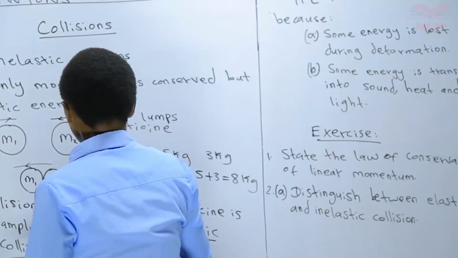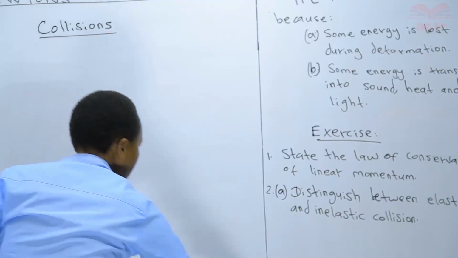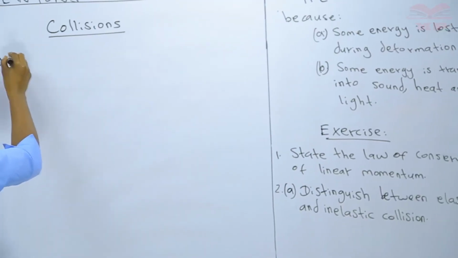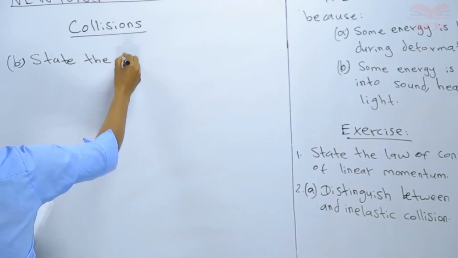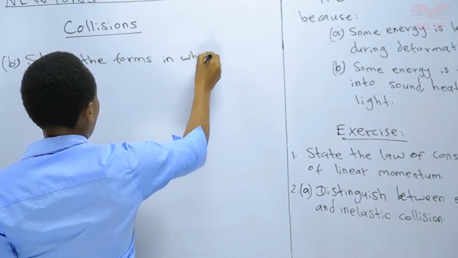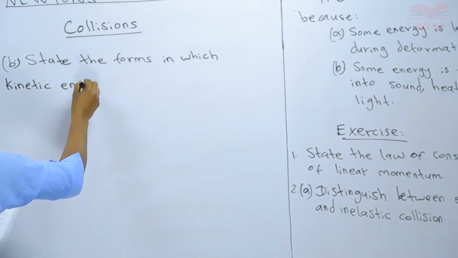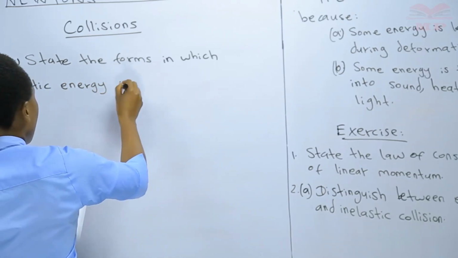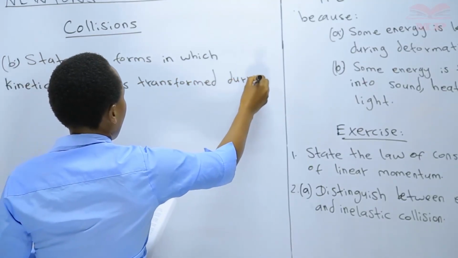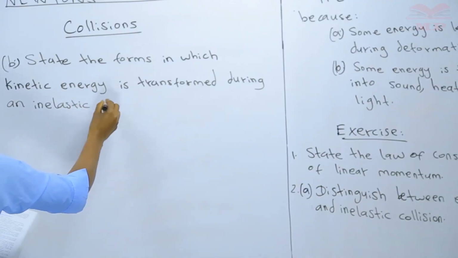Then part B of that question: state the forms in which kinetic energy is transformed during an inelastic collision.